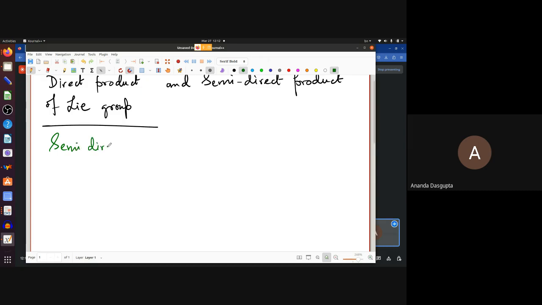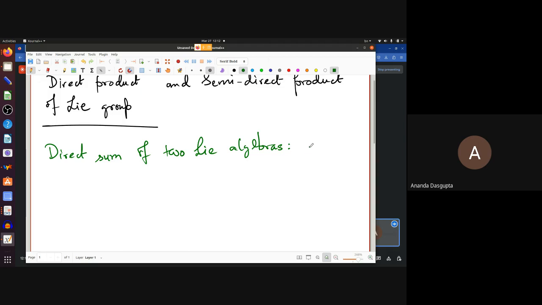Let's talk of semi-direct sum. Sorry, that's not the simpler one at all. The simpler one is the direct sum, as the name sort of implies, of two Lie algebras. And for the time being, let's deviate from the notation that we have been using so far.